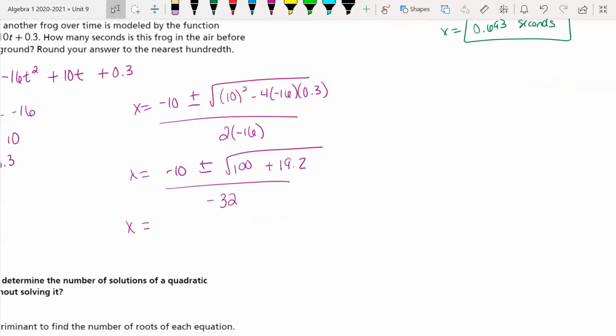So I would take the square root of 119.2 and you would get negative 10 plus or minus 10.92 divided by negative 32.